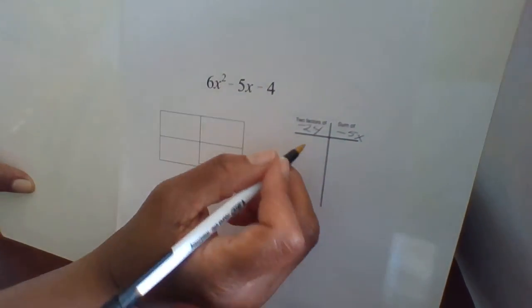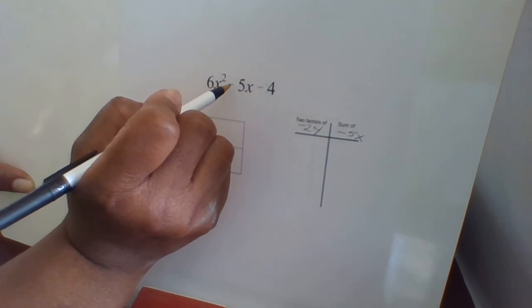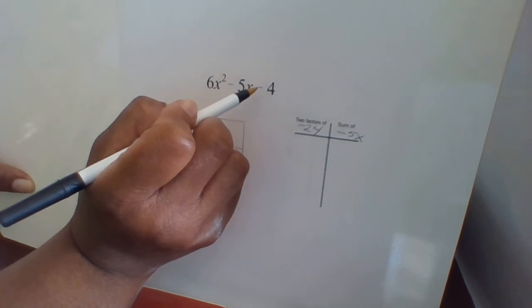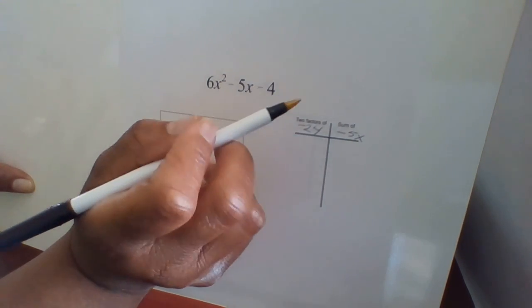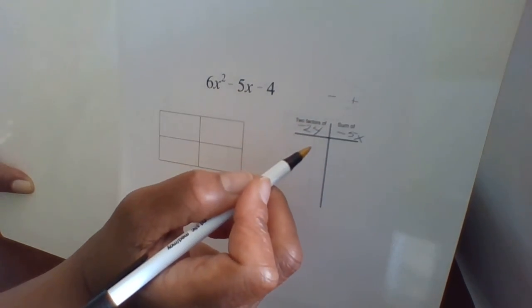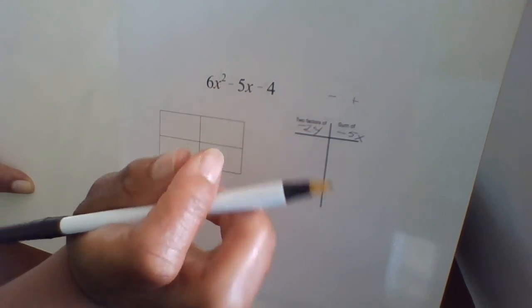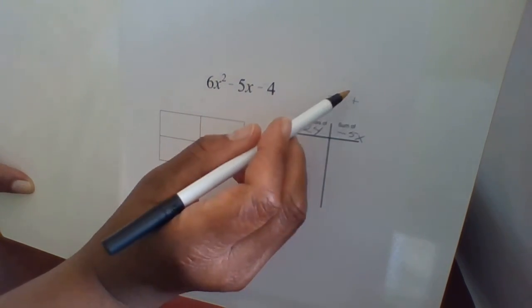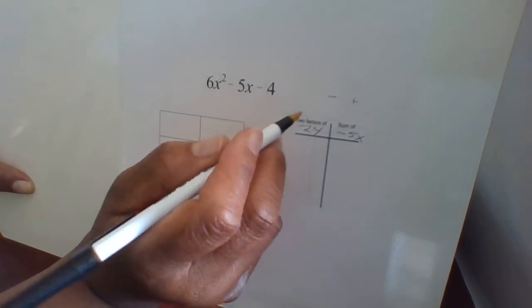The factors of 24, since I need a negative middle term and a negative product, one of them has to be negative, the other one has to be positive. And since I need a negative sum, the greater number is going to be negative.